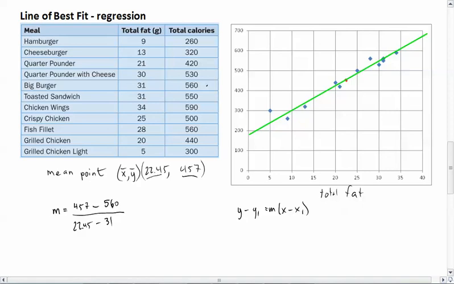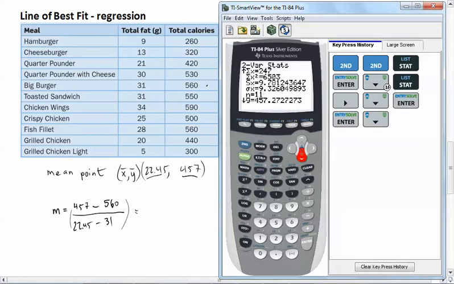When you're writing your final answers, you want to write it in 3 sig figs. However, throughout the rest of the problem, you want to keep as many digits as possible because that'll help make your answer a little bit more accurate. So from here, we're going to go ahead and get our slope.